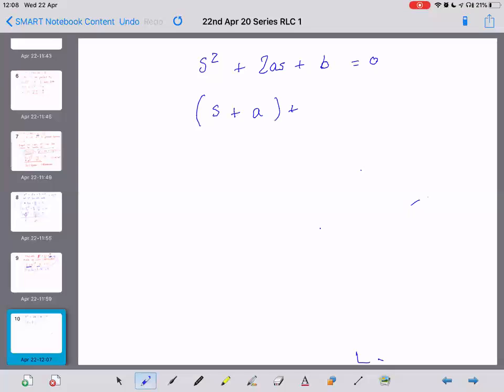And then to get this b, we'd have b minus a squared. That's not much help really, is it? I think that's a bit more confusing, to be honest.